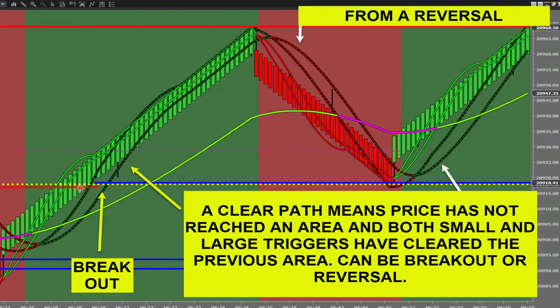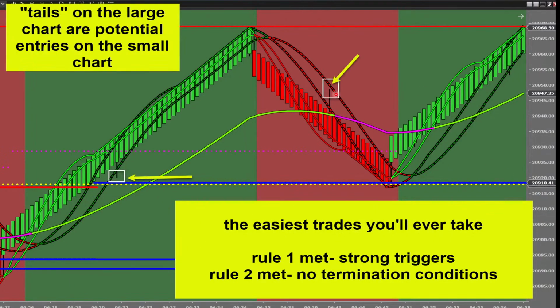Breakout, 4 triggers get through. Reversal, everything rolls and goes the other direction. The easiest trades that you will ever take. The highest probability trades that you will ever take. The trade that you will be able to prove wins more than it loses if you just follow the rules happens with momentum and path.